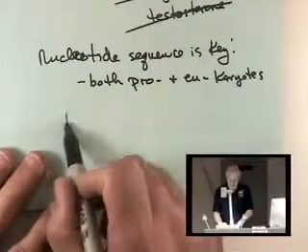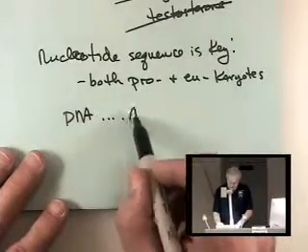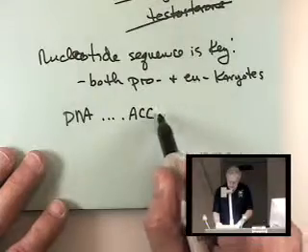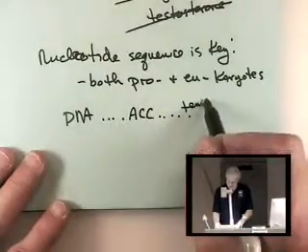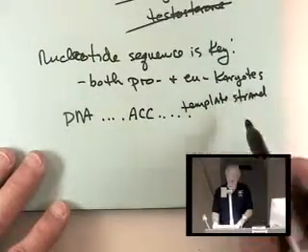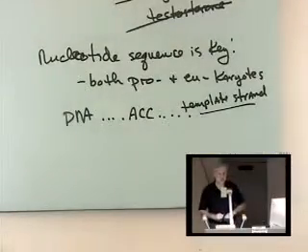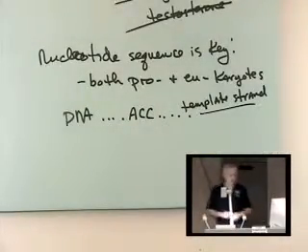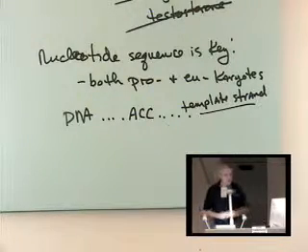So, for example, in DNA, we might find along a gene the nucleotide sequence of ACC on the template strand. The template strand is the one being used to make the messenger RNA. So not both strands are used to make the RNA for any one particular gene.